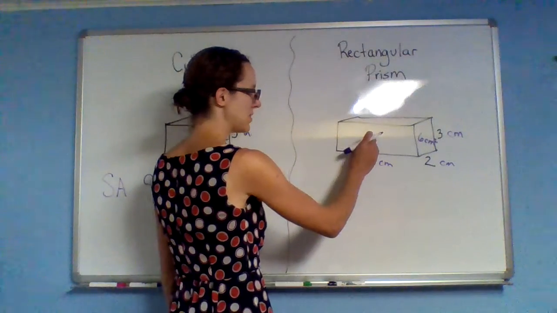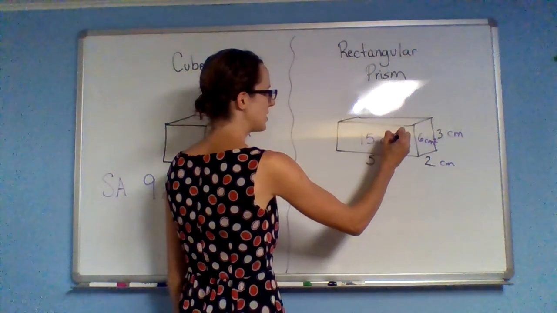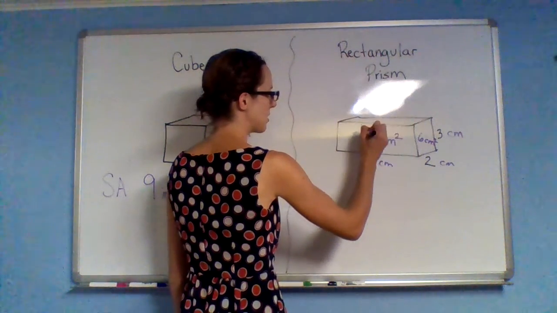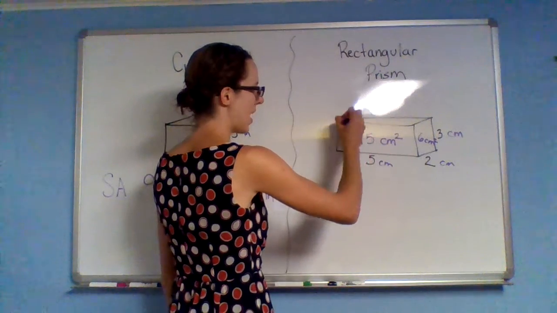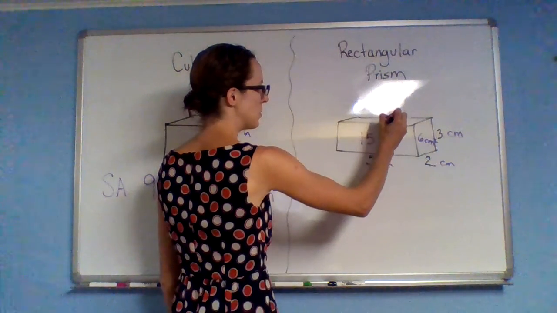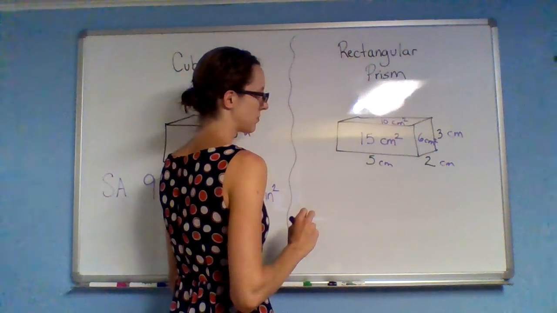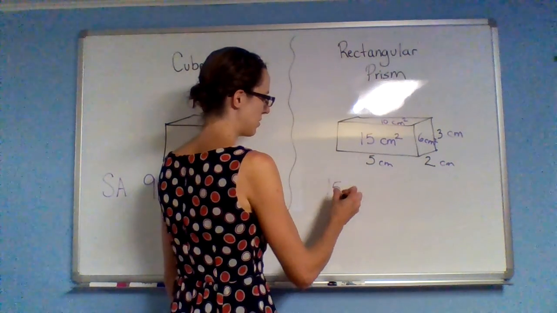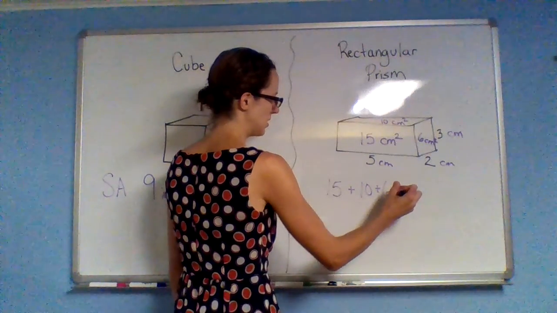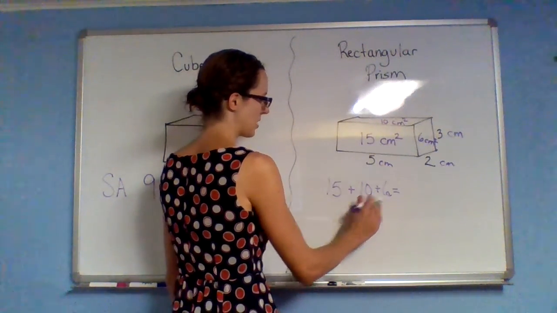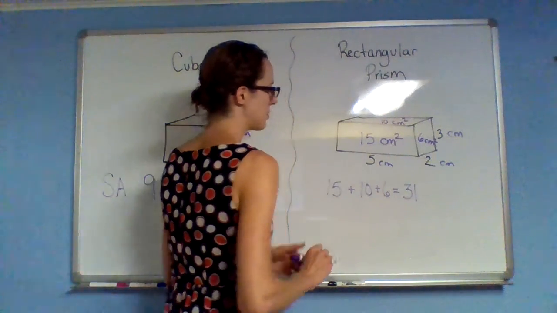So for example, this side is 5 times 3, which is 15 centimeters squared. And this top is 5 by 2, or 10 centimeters squared. Now if I add these up, 15 plus 10 plus 6, 15 plus 10 is 25, plus 6 is 31 centimeters squared.